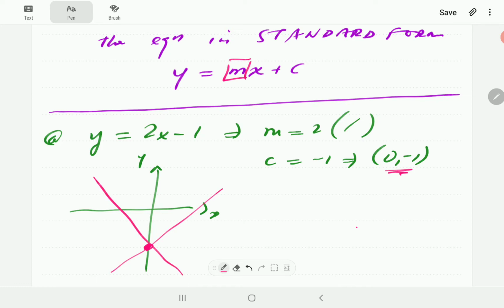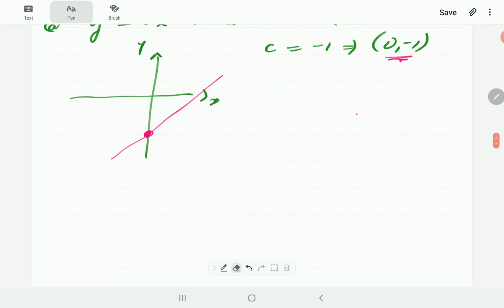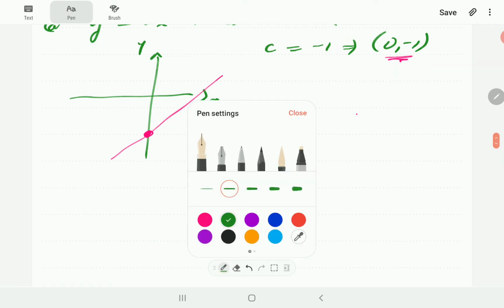Now, but from this gradient of 2, that tells us that the line is upsloping, so it can only be this way, not that other way. And so that is going to be the correct sketch of our line.